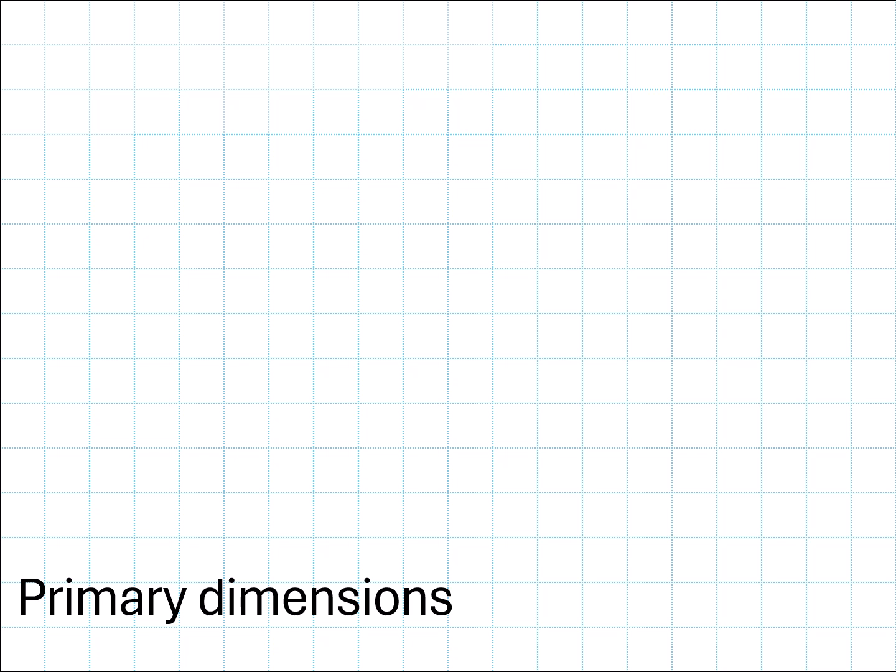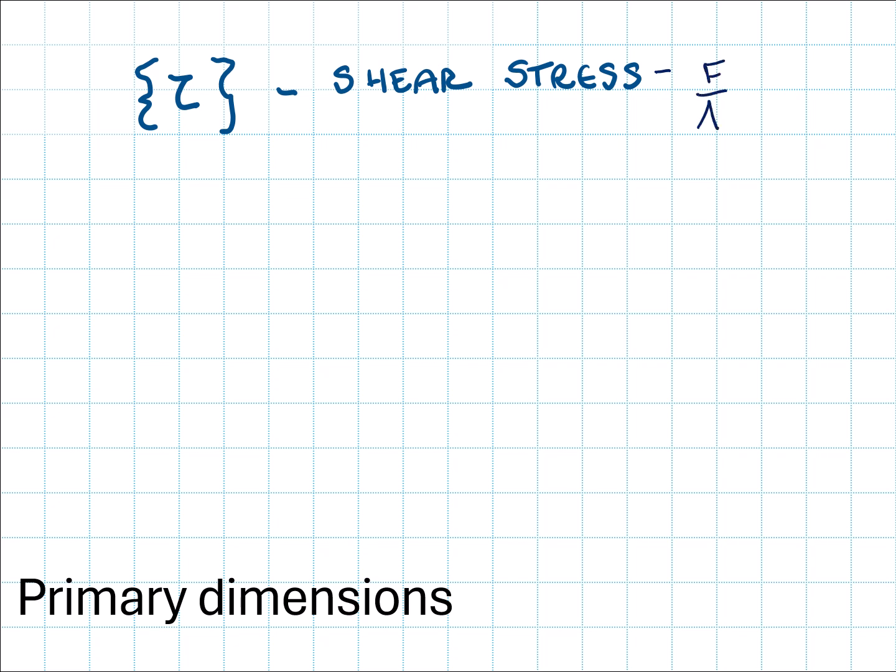Let's consider a parameter that we see often in fluid mechanics, shear stress, tau. What are the primary dimensions of shear stress? Well, we know that it's a stress, so therefore it has to be a force per unit area. That's the definition of a stress. And then I further note that a force is equal to a mass times an acceleration.